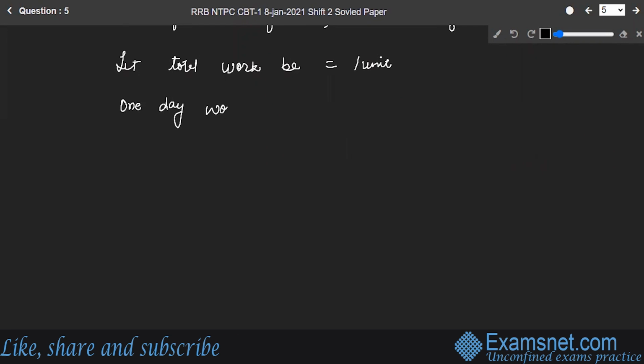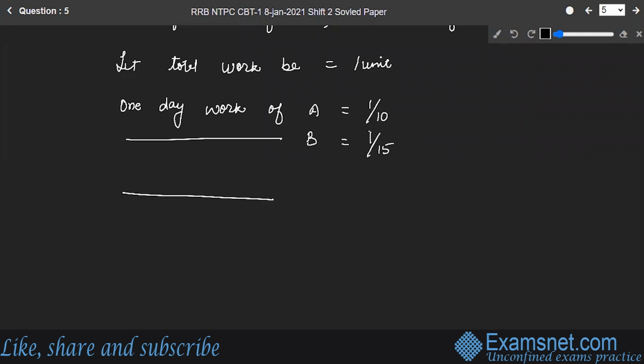1 day work of A is equal to 1 by 10. 1 day work of B is 1 by 15, and 1 day work of A, B, and C is equal to 1 by 5.